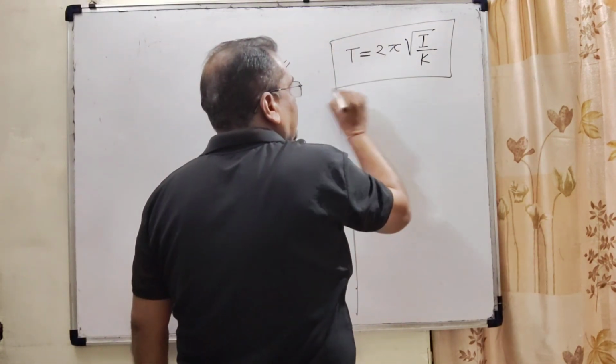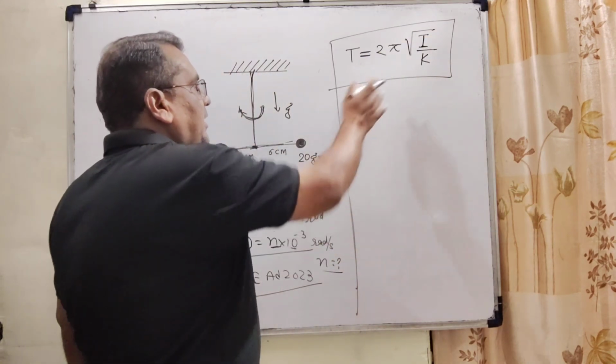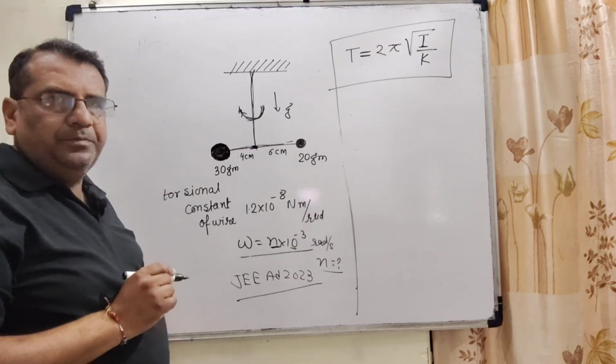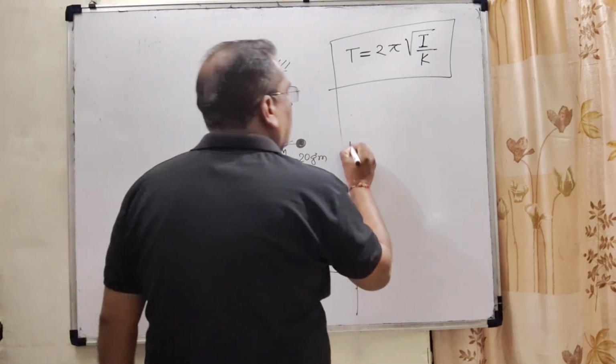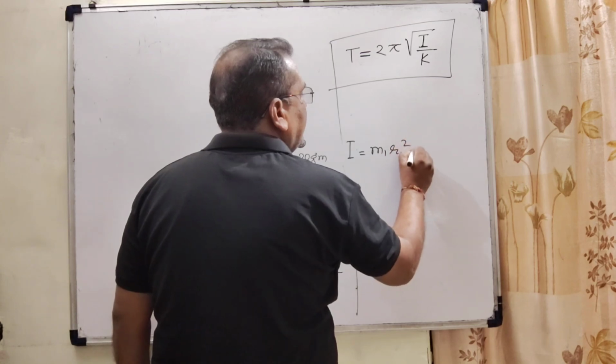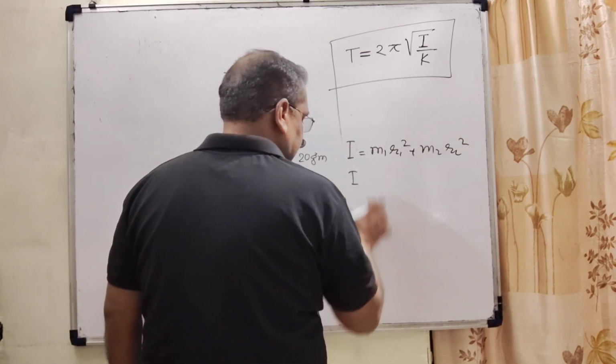This is the key point of this question. Here I is the moment of inertia of this system and K is the torsional constant of the wire. First we calculate the moment of inertia, I = m1 r1² + m2 r2² for the point masses.